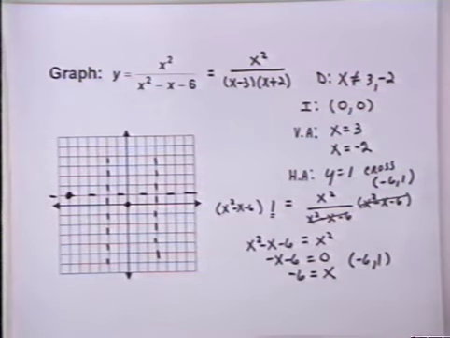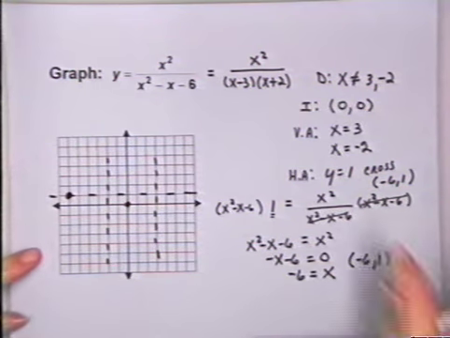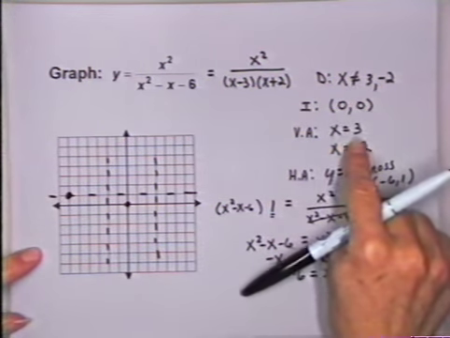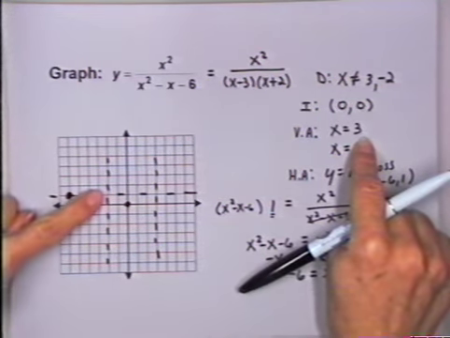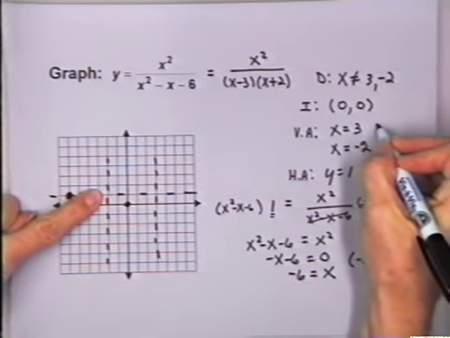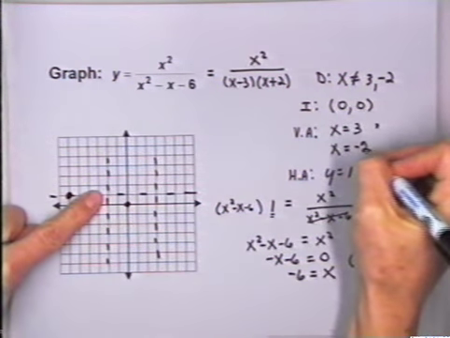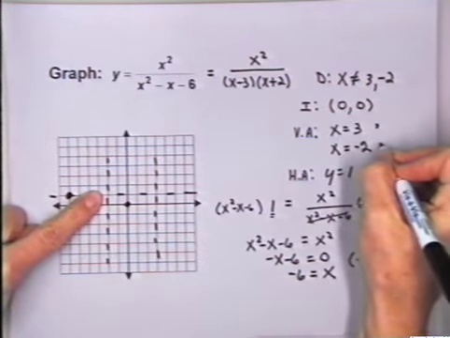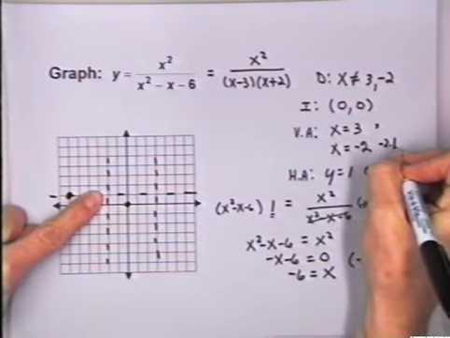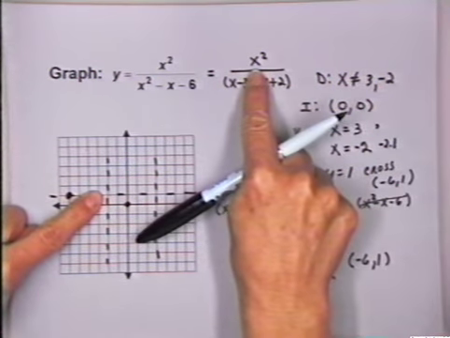Now, we need to decide what's happening as we approach our vertical asymptotes. Let's look at x equals 3 first. Let's get on the left-hand side of 3. Sorry, I'm looking at negative 2 and saying 3. On the left-hand side of negative 2, we can use negative 2.1. Notice your numerator is x squared.